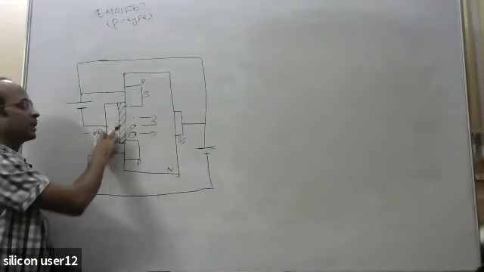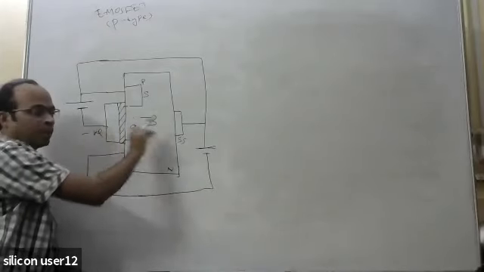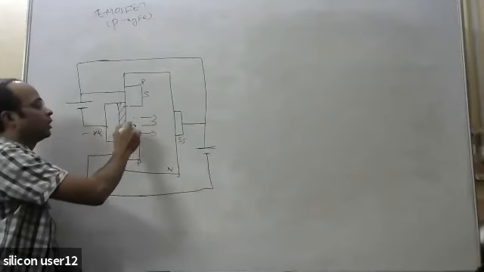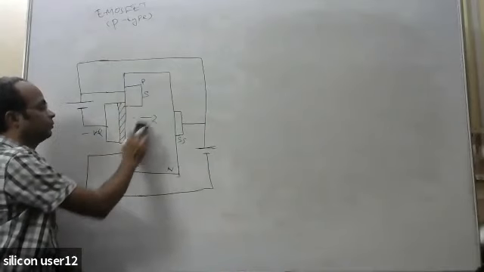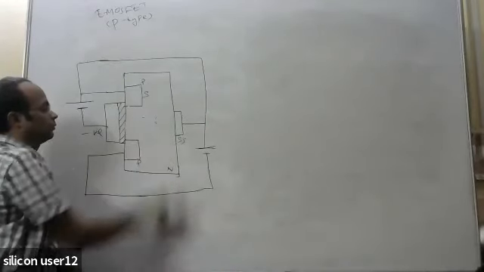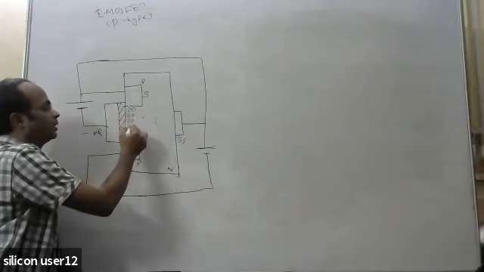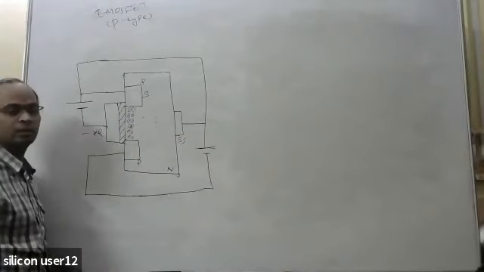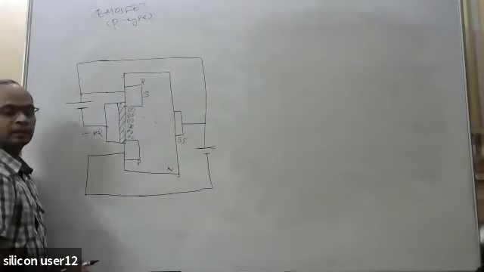Since this gate has a negative voltage, it will repel the electrons, and once the electrons are repelled away, holes will be created near the surface. So here a layer of holes will be created near the surface. That will be my path for the conduction of electricity.